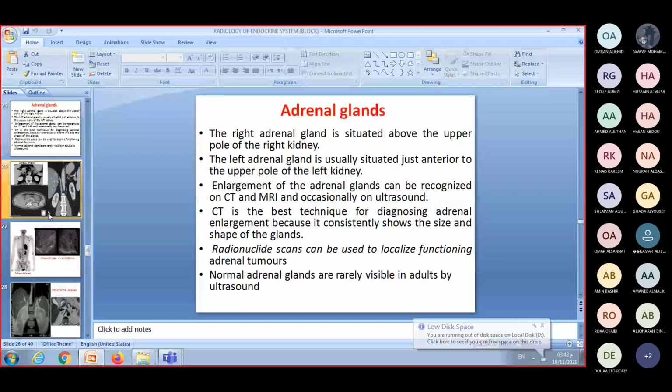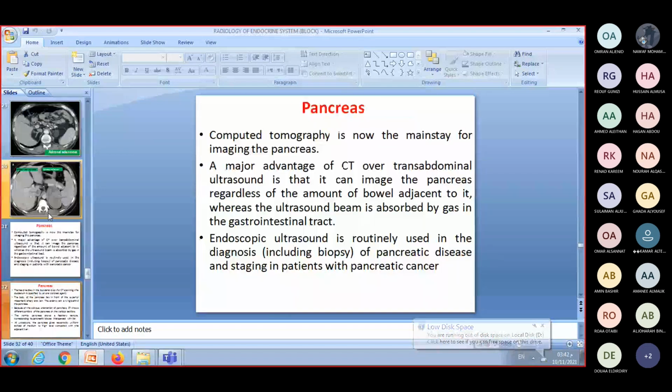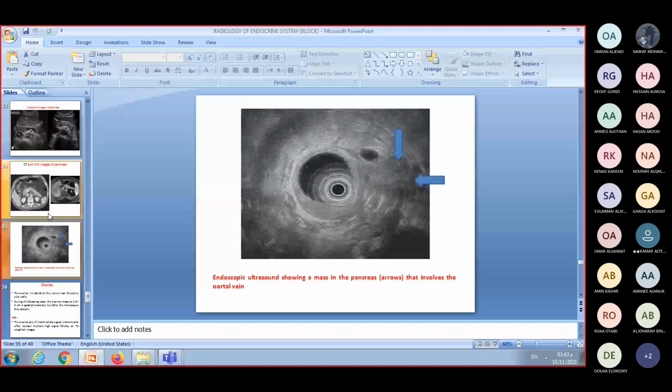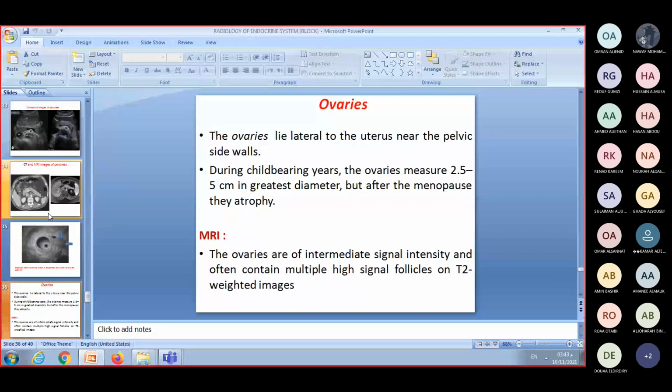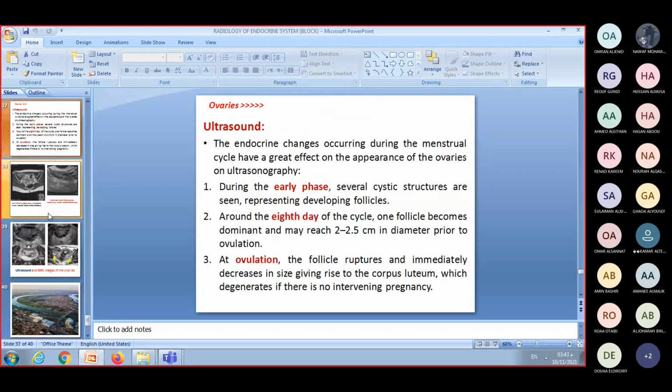Doctor, if I say hyperintense or hyperdense, does it mean more black or more bright? Hyper anywhere means bright. Hyperintense means the structure is bright on MRI. Hyperdense means bright in CT.